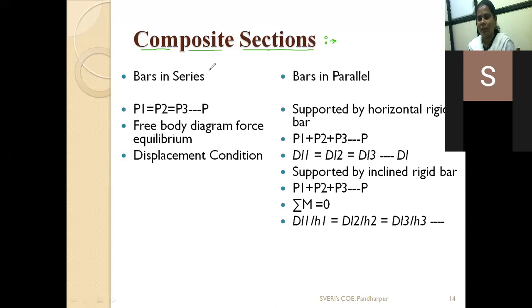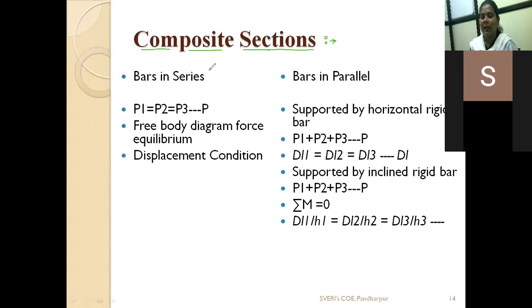Composite section means any member made up using more than one member. जर आपला एखादा पर्टिक्युलर पार्ट असेल तो मोर दॅन वन मेंबरनी जर कनेक्ट होत असेल तर दिस सेक्शन इज कॉल्ड एज कंपोजिट सेक्शन. So when our section is made of more than one member, this is called a composite section.